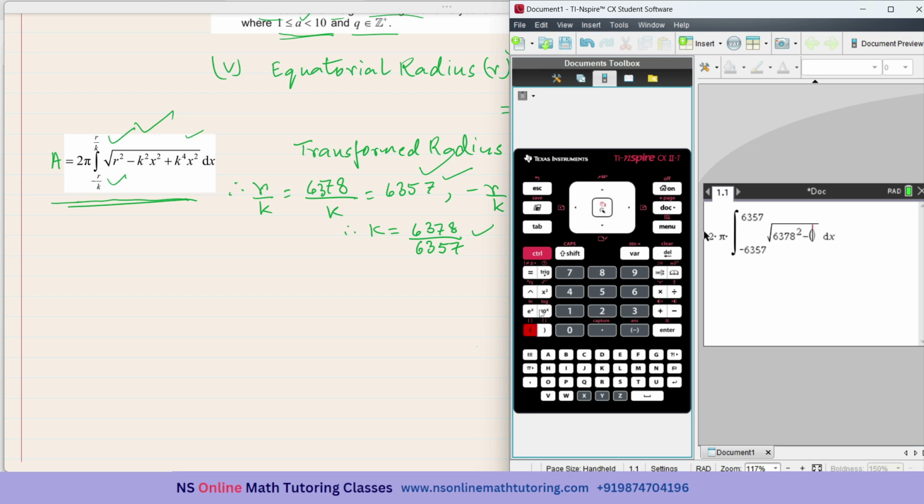So it is 6378 over 6357 square, k square x square, plus k to the power of 4.